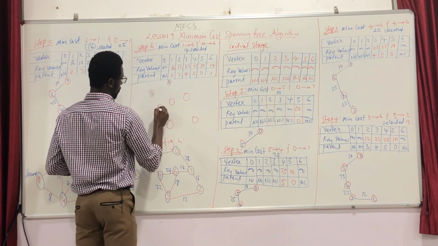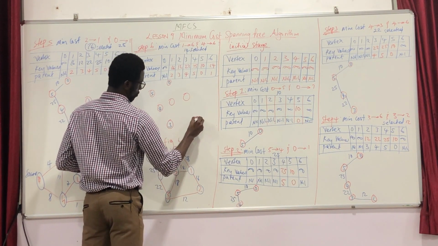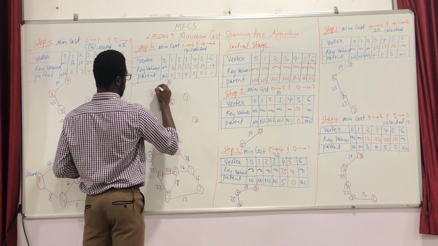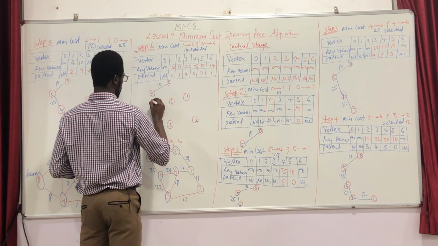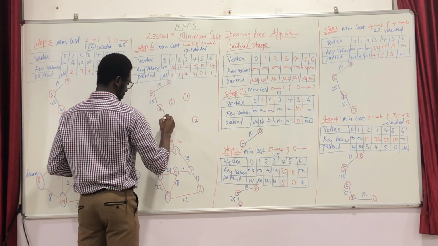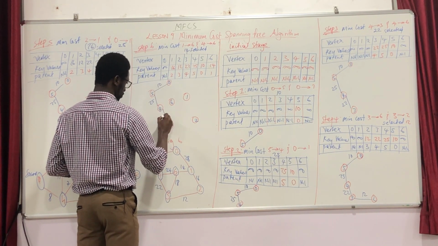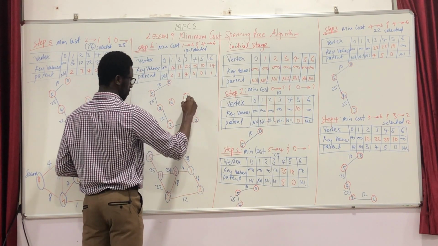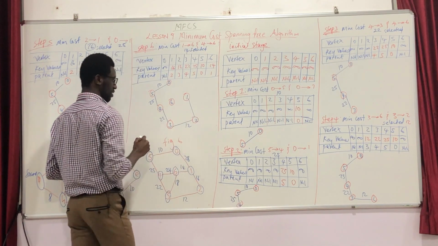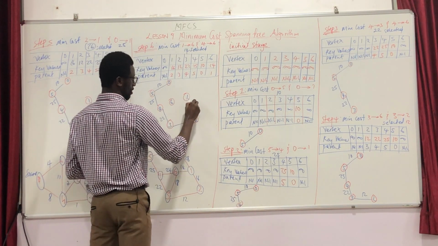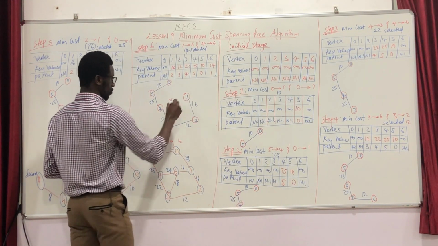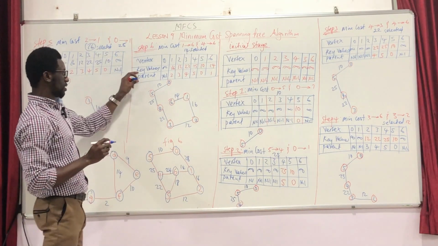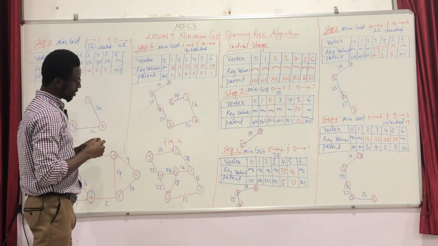Here is 10. Here is 25. Here is 22. This one is 12. 2 to 1 is 16. Then 1 to 6 is 14. So this is step 6. Step 7, we'll check.